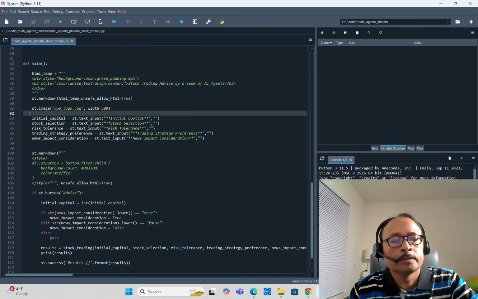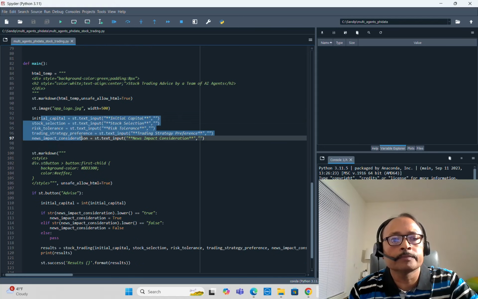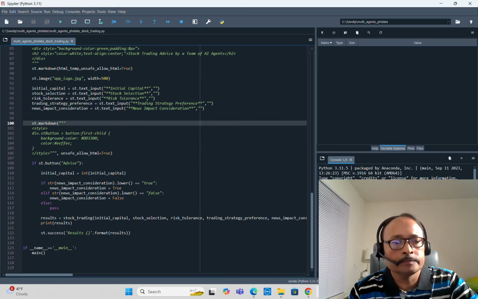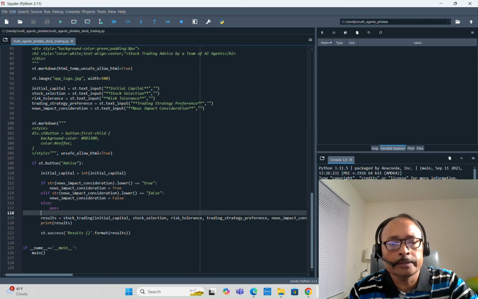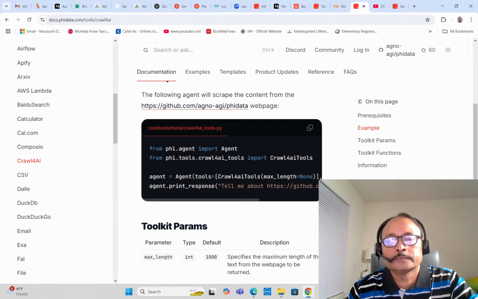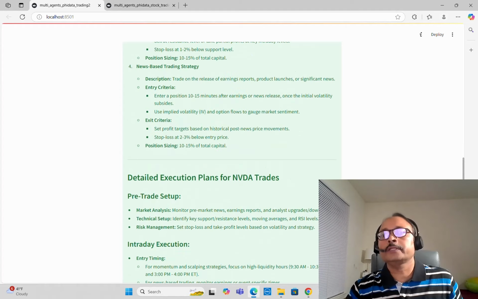And then finally we are adding a button here, and as soon as the user clicks on the button, the stock trading function call will happen, and we'll get the results, and then Streamlit will display the results. So that's the Python code.